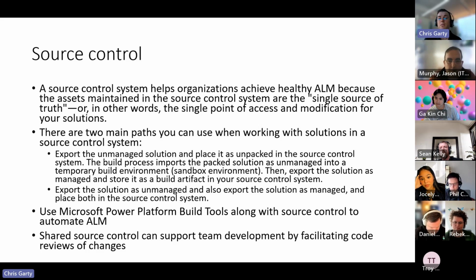You want to get those into source control and then be able to move those to the appropriate environment from source control. A shared source control can support team development by facilitating code reviews of changes as they're going into different environments, and allow you some form of governance as things are moving between environments as well.